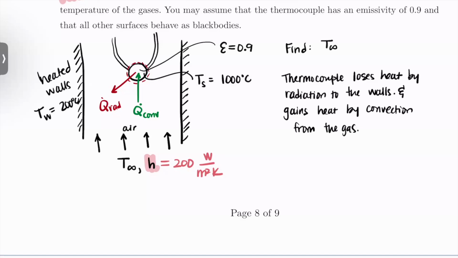Our radiation is going to be governed by the following: Q dot rad is equal to emissivity times sigma times the area, times the temperature of the surface to the fourth minus the temperature of the wall to the fourth.